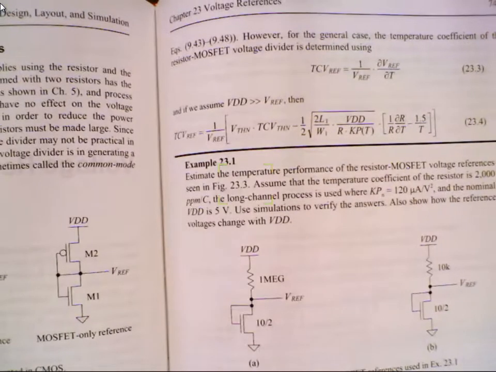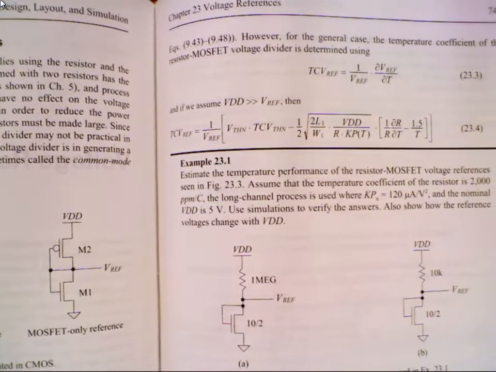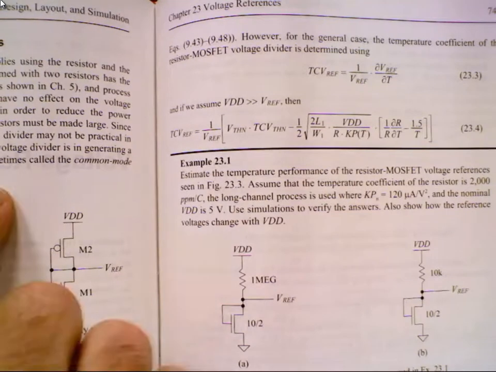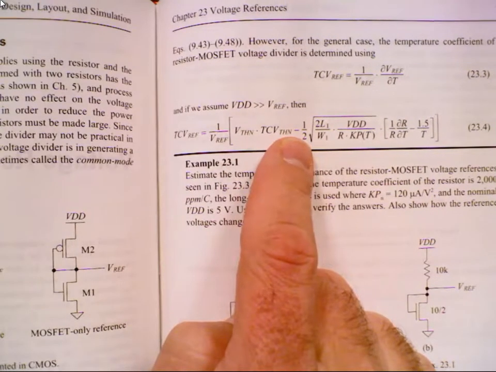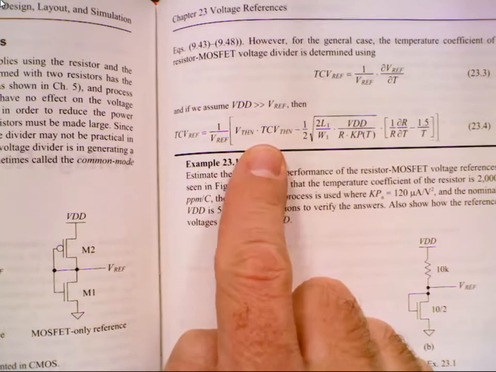And so if you look at it, it tells you, okay, how do I design for a specific temperature behavior given the parameters I have? What is this term right here, V threshold times TC V threshold? What's a simple way to represent that?